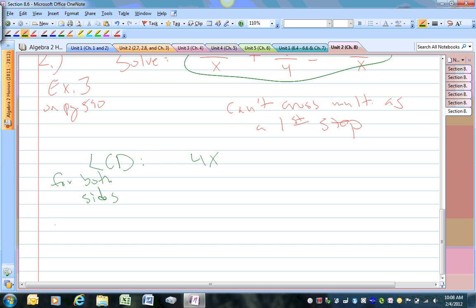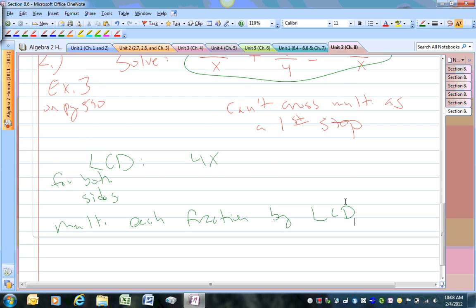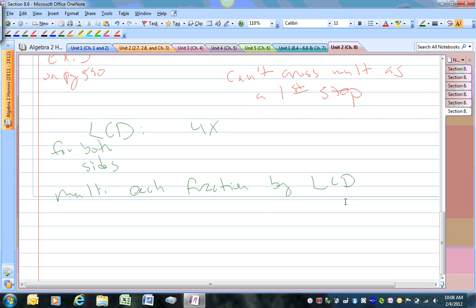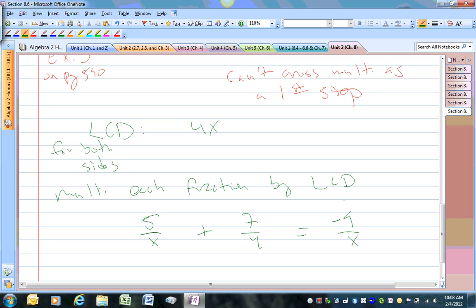So now what you want to do is multiply each fraction by the LCD. And here's how you do it. It's going to be 5 over x plus 7 over 4 equals negative 9 over x. Now, I'm not trying to add or subtract these fractions.